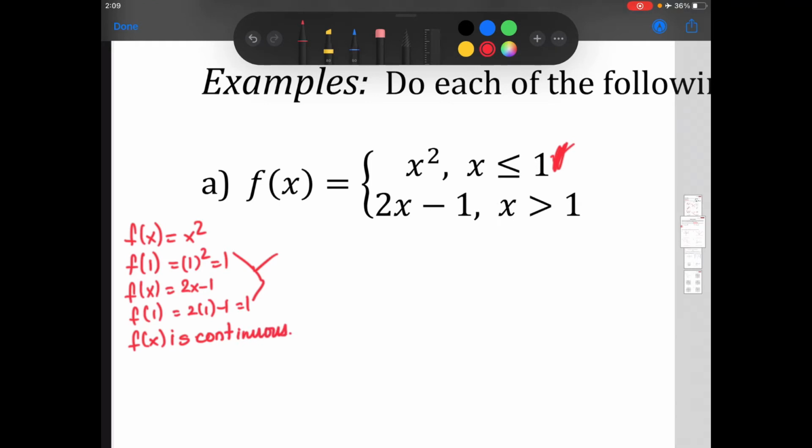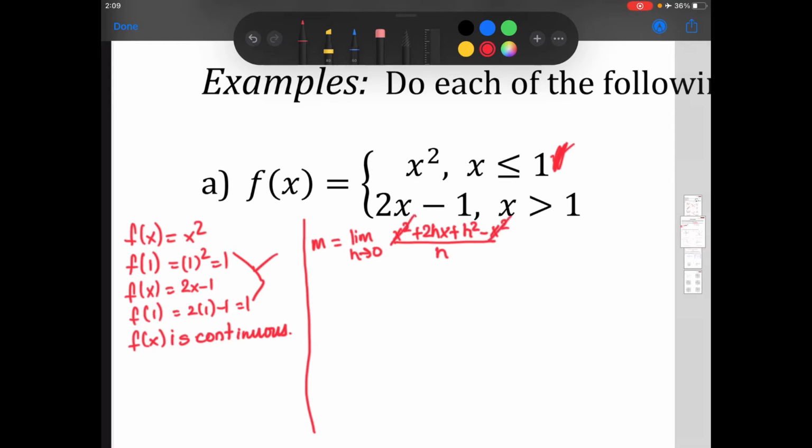Now I'm going to find the derivative of these. So I'm going to actually use my difference quotient to find the derivative. M equals the limit as h approaches 0. It would be x plus h squared, which would be x squared plus 2hx plus h squared, minus x squared, over h.